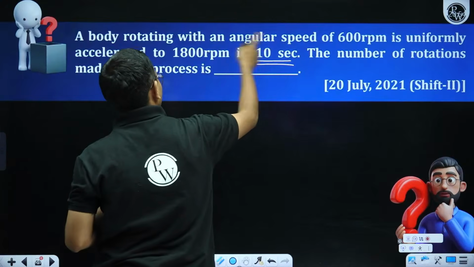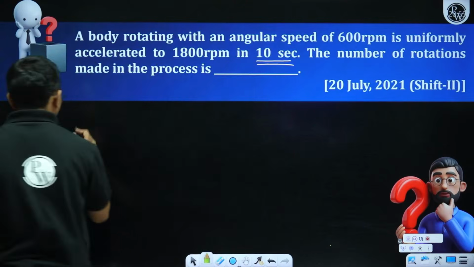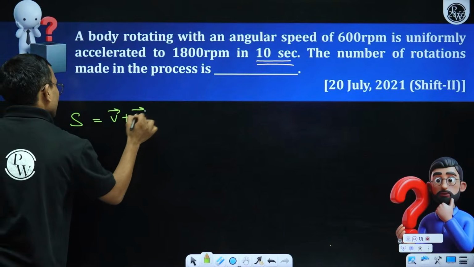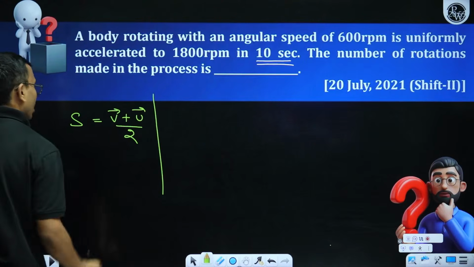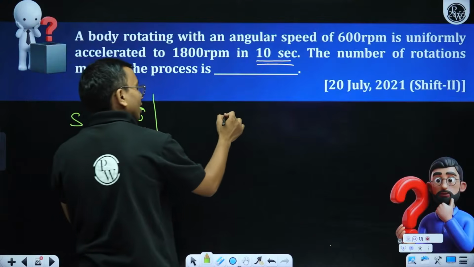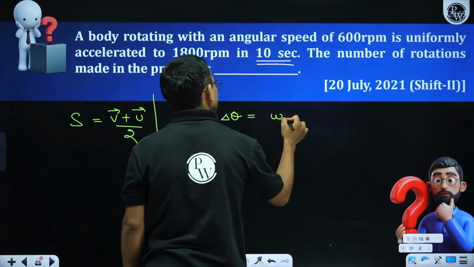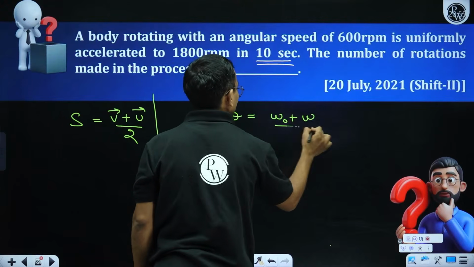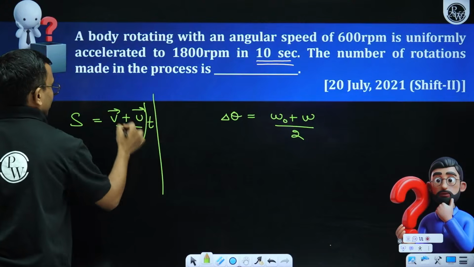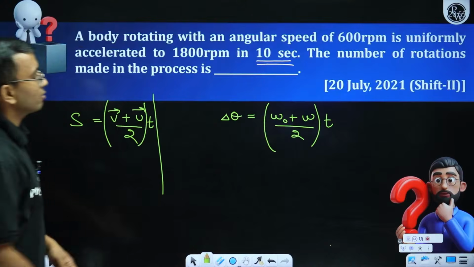Initial and final angular velocity are given to us. For uniformly accelerated motion, displacement is initial velocity plus final velocity by 2 into time. Similarly, my angular displacement will be initial angular velocity plus final angular velocity divided by 2, into the time.